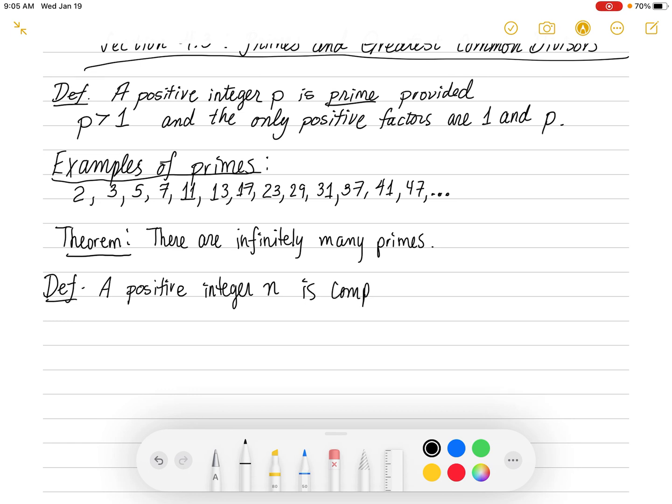We're defining composite provided it is not prime. Let's say a positive integer n greater than 1 is composite, provided it is not prime.